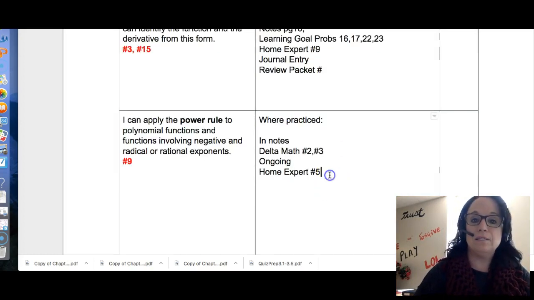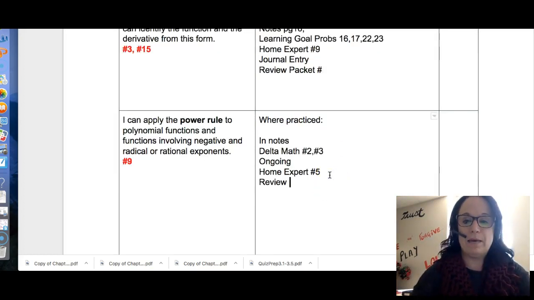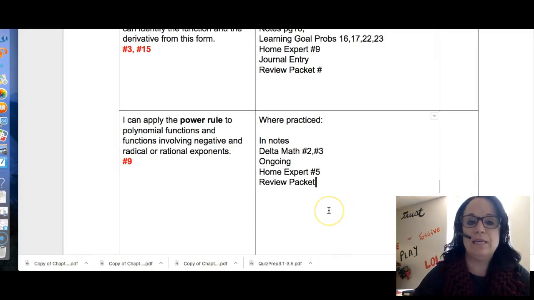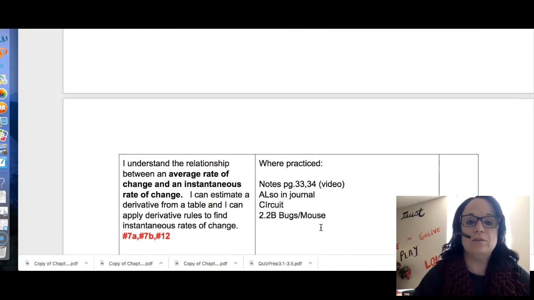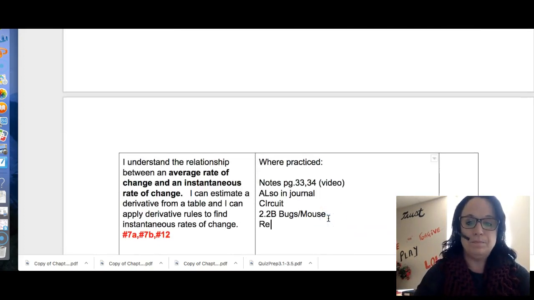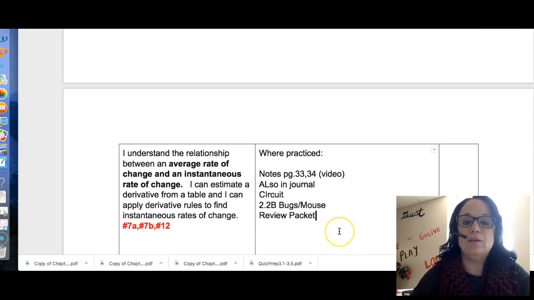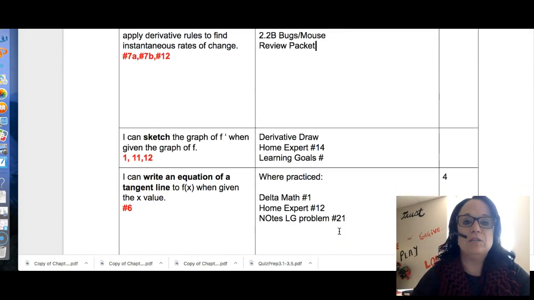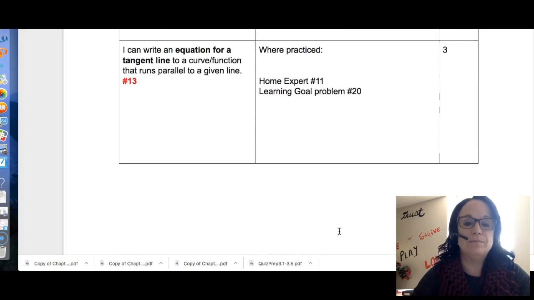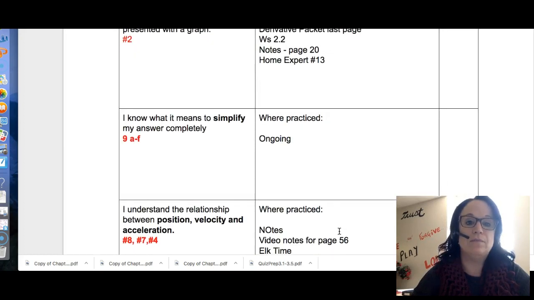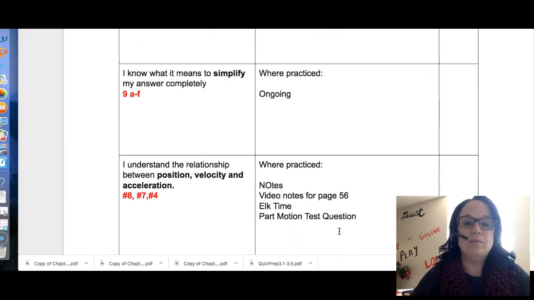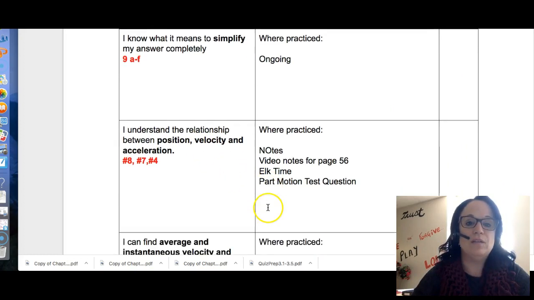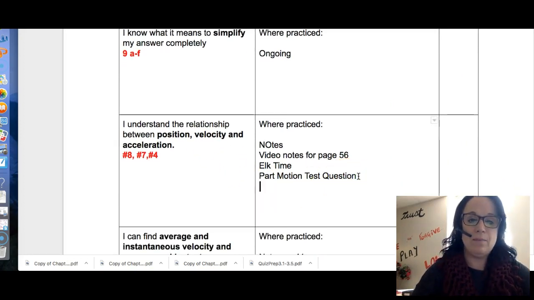So on all of these, you're going to get a review packet on Tuesday, I believe Tuesday or Wednesday, and for each one of these sections, I would like you to type review packet, and then add the test questions that reference this once you're done with the review packet. So, for example, you're in your review packet doing one about position, velocity, and acceleration, and maybe it's number 13 in your review packet.